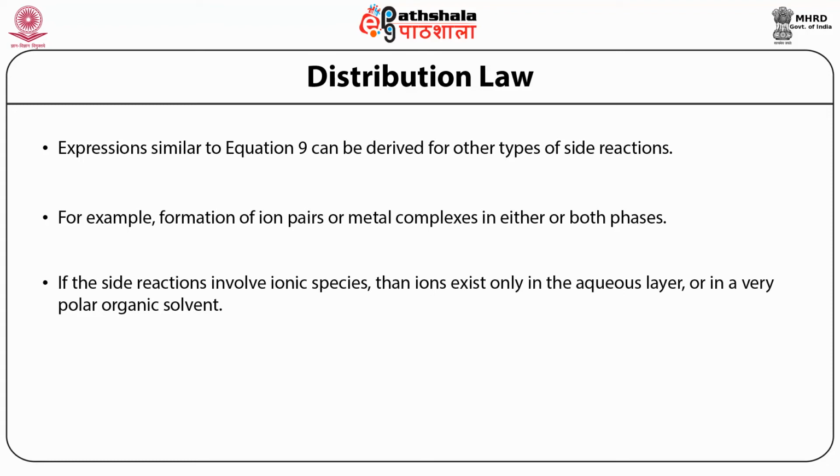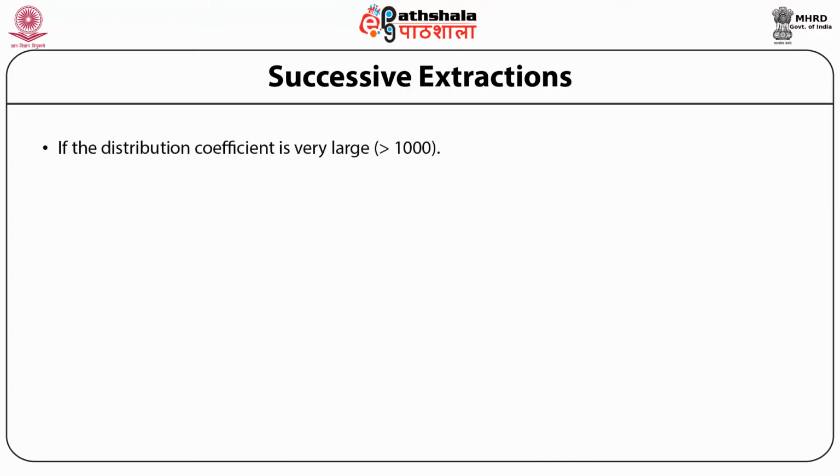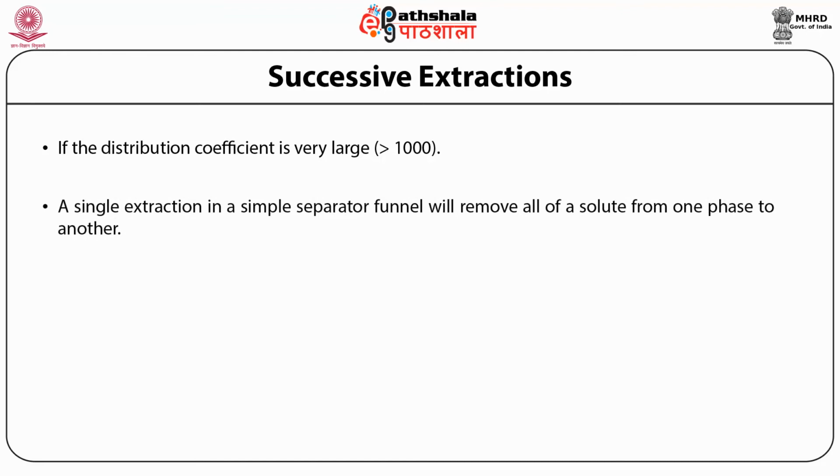If the side reactions involve ionic species, one can assume that ions exist only in the aqueous layer or in a very polar organic solvent. If the distribution coefficient is very large, a single extraction in a simple separating funnel will remove all of a solute from one phase to another.